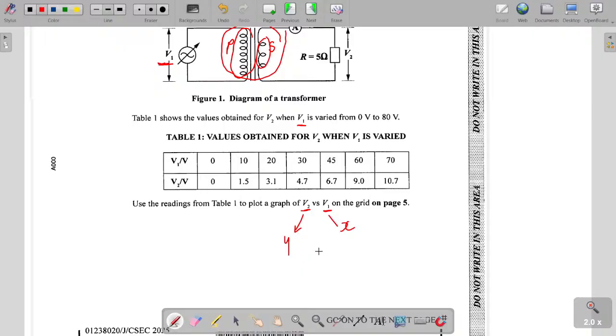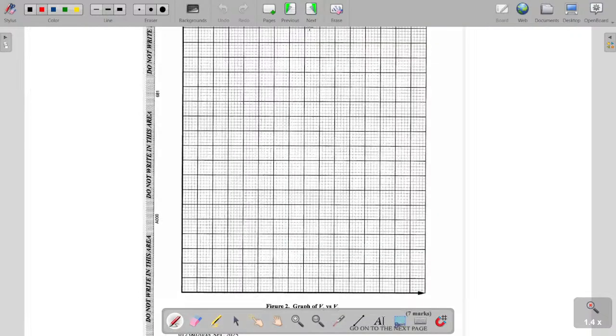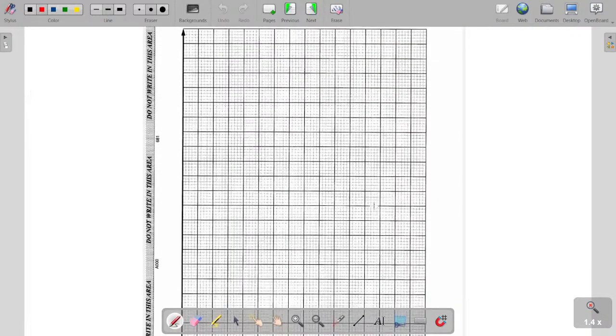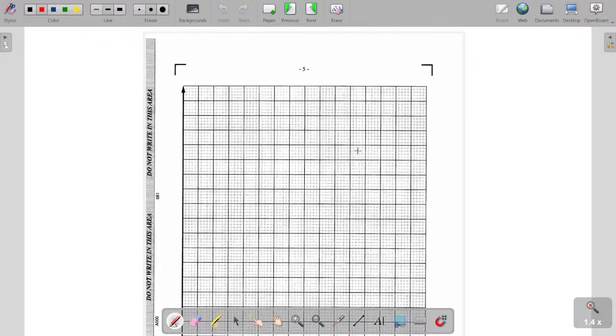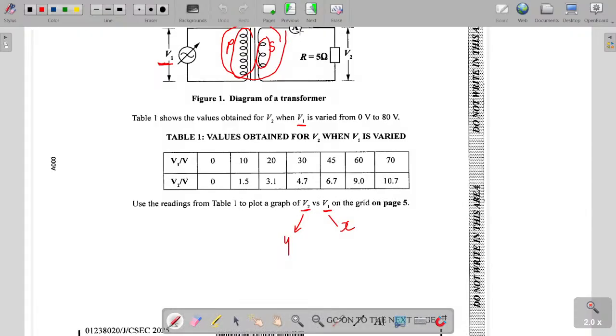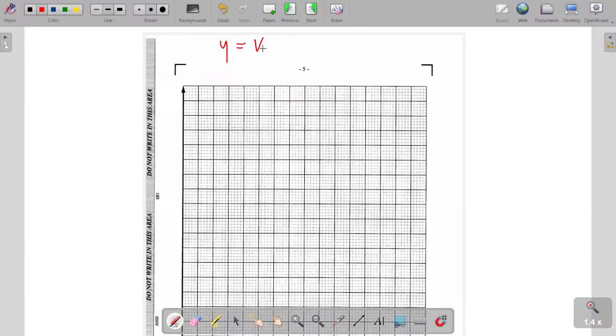So we're now going to go to our graph sheet and plot the values that we have here. On the graph sheet, we're going to label which one goes on the y-axis. We said that on the y-axis we should have V2, and on the x-axis we should have V1.